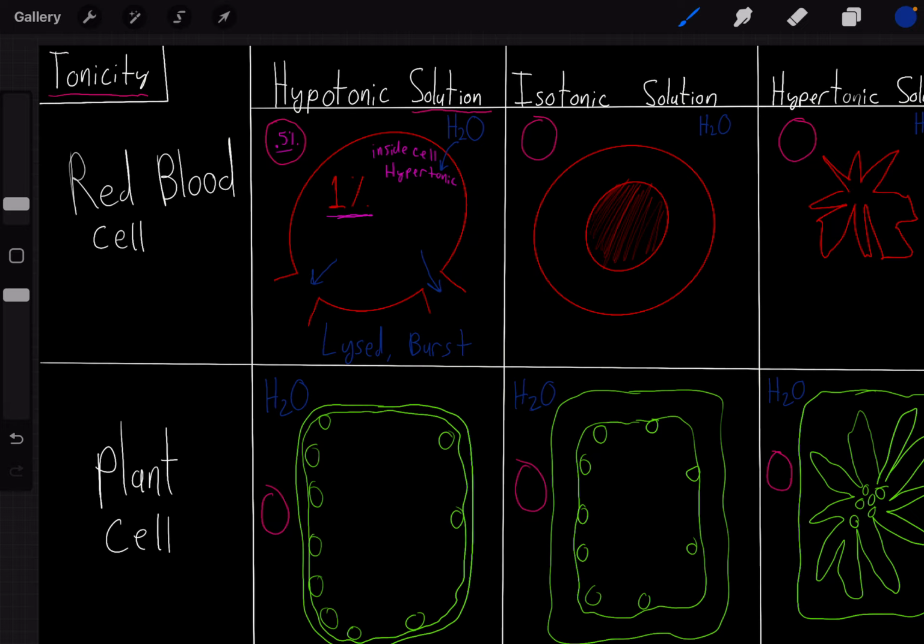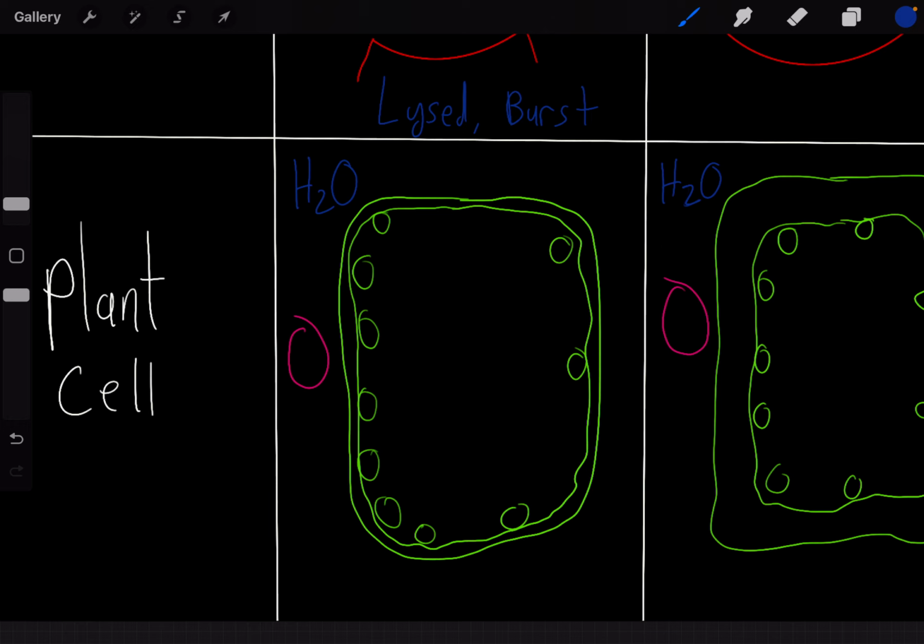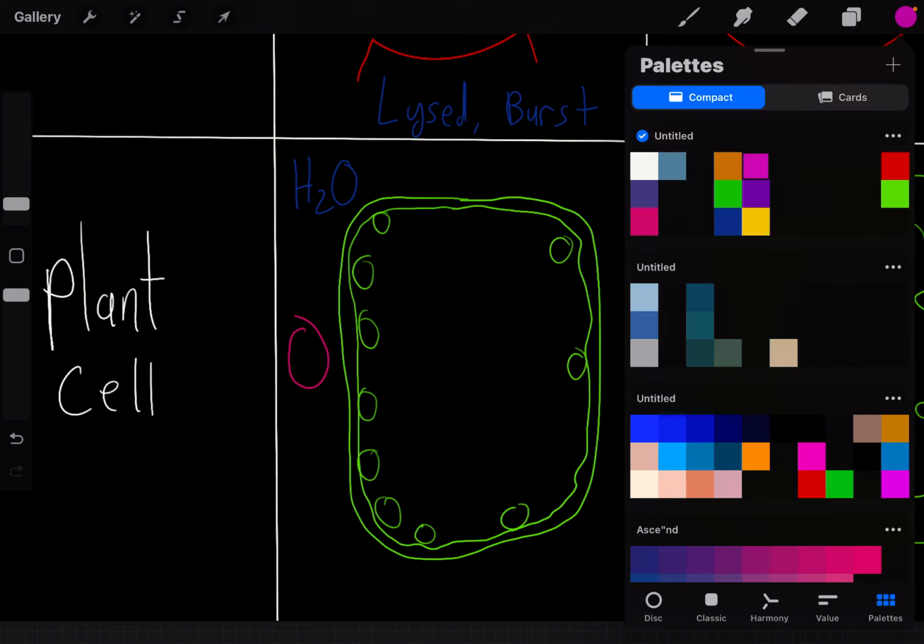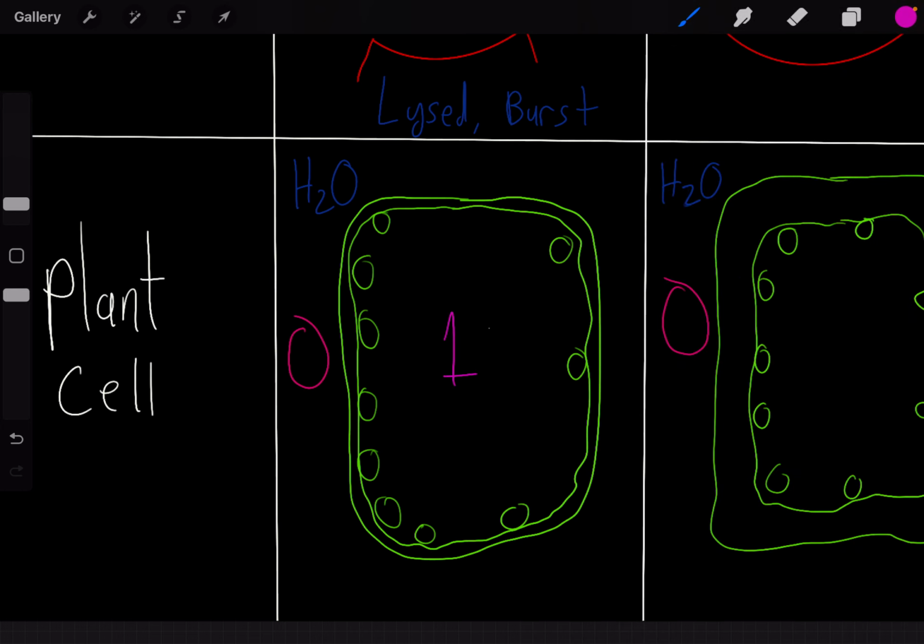Now, talking about it for a plant cell, it's the exact same thing. If you have a 1% solution here, this could be 0.5%. Water is going inside the cell.